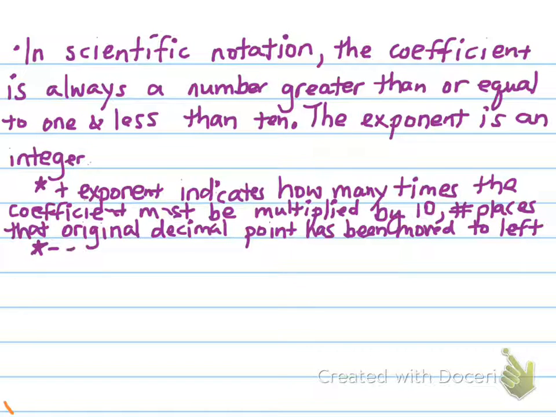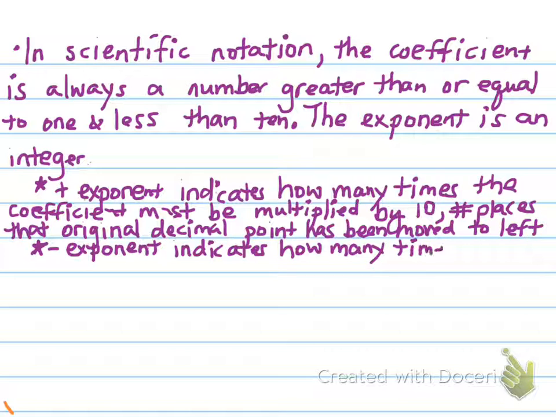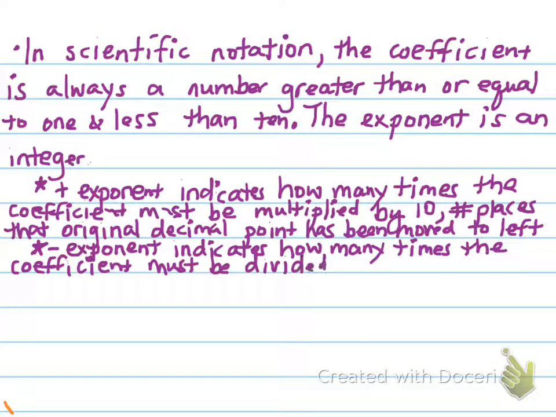When we have a negative exponent, remember we're going to be talking about a small number. A negative exponent indicates how many times the coefficient must be divided by 10.